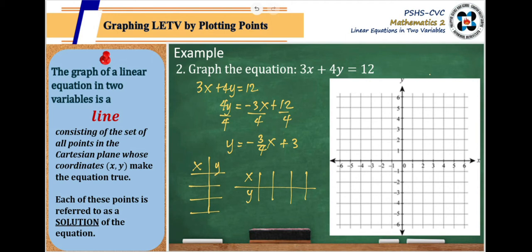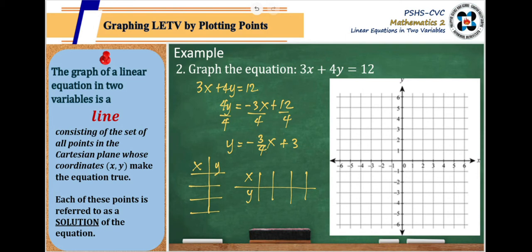Since we already found out that 0, 3 is a solution, then the line will pass through 0, 3. Okay, so when graphing a line, sometimes it is easier if we try to find solutions with integer coordinates. For example, x here is multiplied by negative 3/4.